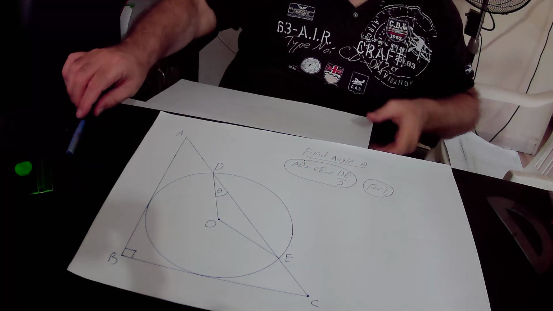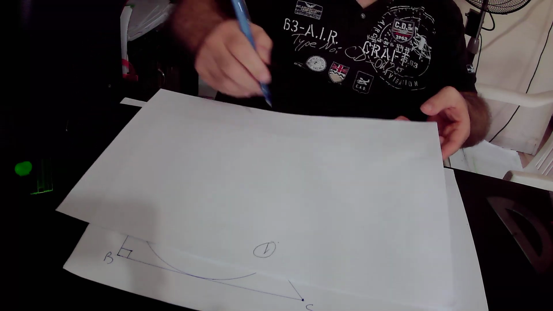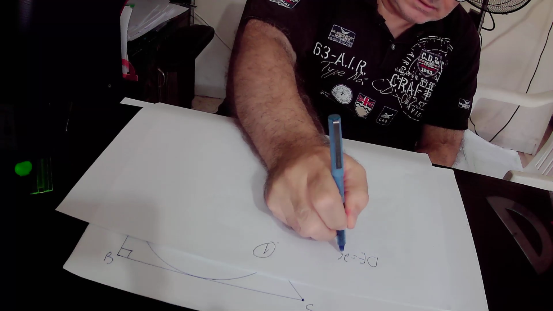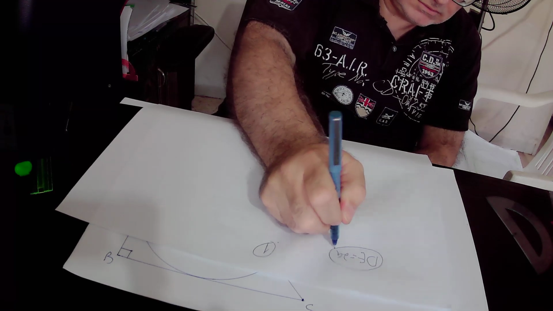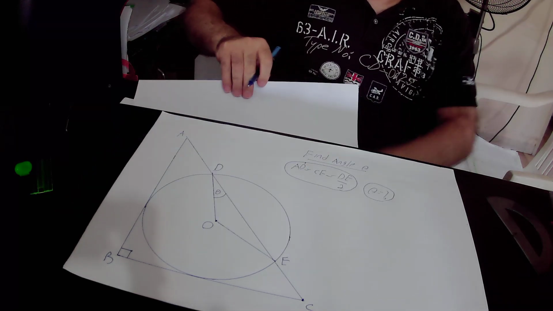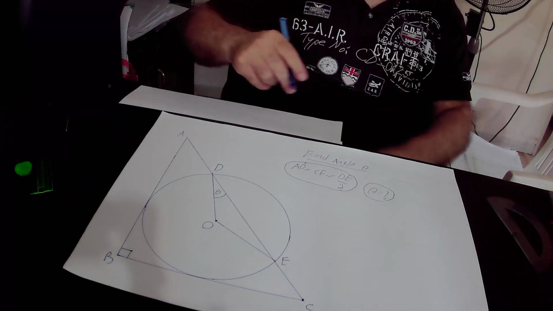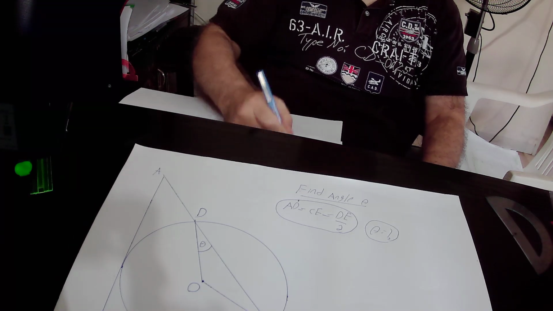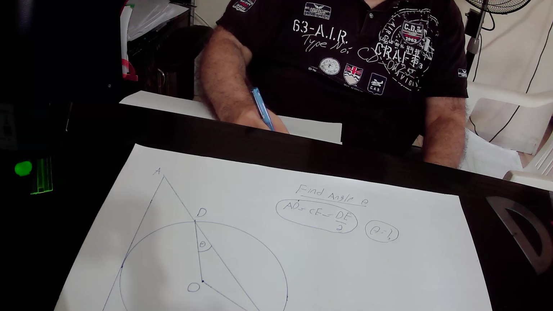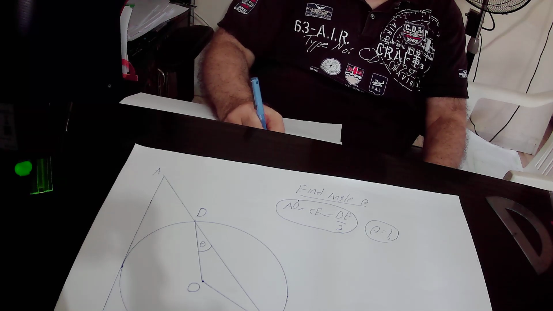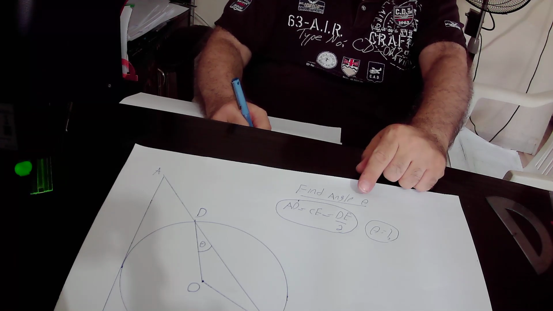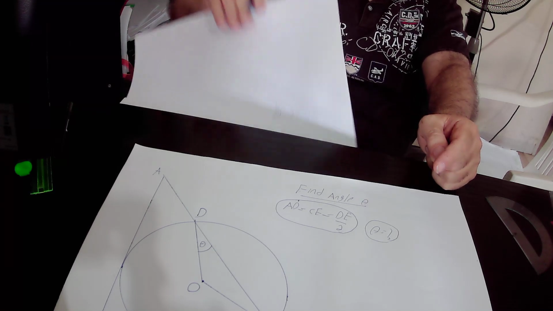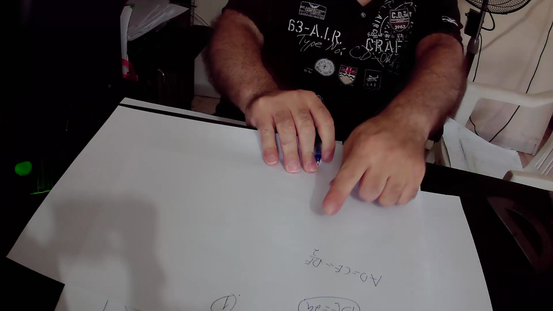Here DE equals 2A according to our definition, and here we know that AD equals CE equals DE over 2.